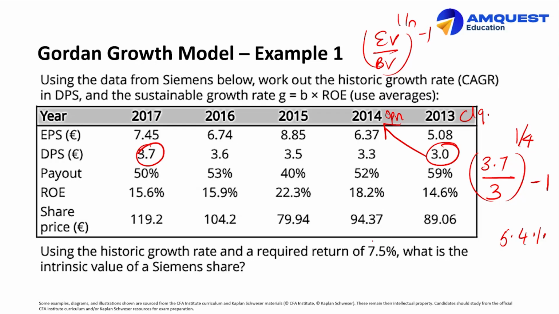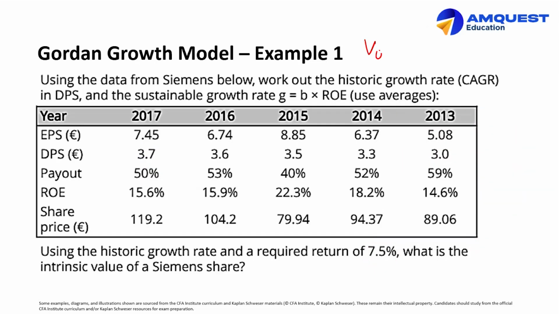My KE is 7.5 and my G is 5.4. Now I can use the formula. Okay? Understood? Yes. V0 is equal to D1 divided by R minus G. This is our formula. D1 is equal to D0 multiplied by 1 plus G, divided by R minus G. D0 is my current dividend. Current dividend is 3.7.